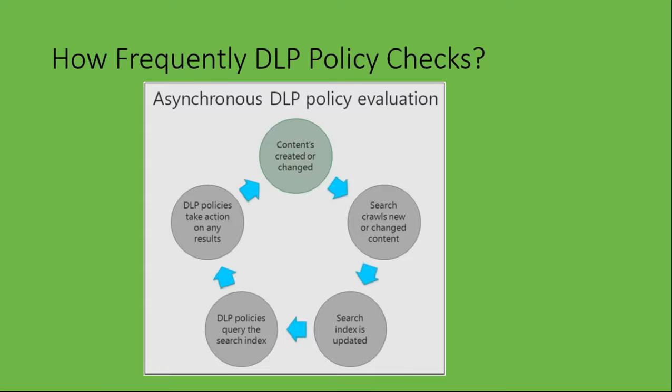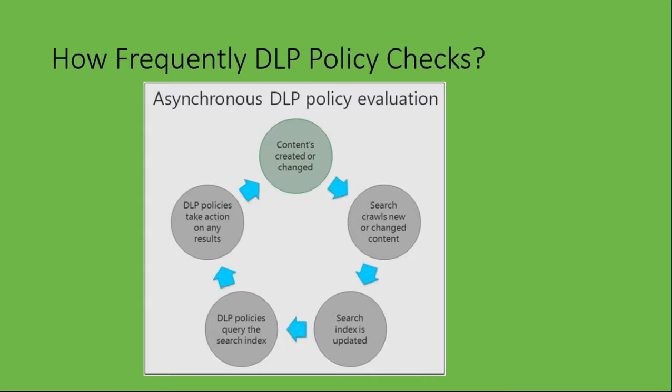So search extracts the data and the permission from that content so that it can be searched. It also extracts the sensitive information from that indexed content. So with all these three pieces of information, data, permission, and sensitive content, the DLP policy keeps querying that search index, which has the indexed or the crawled content.